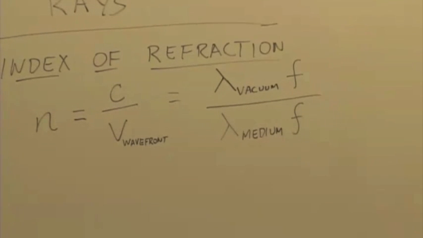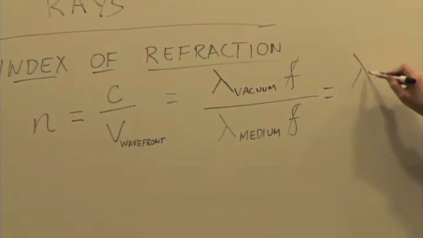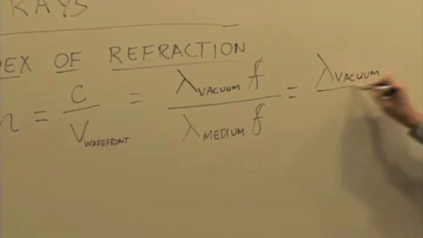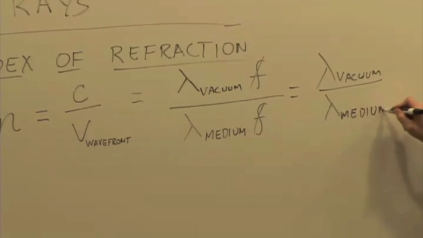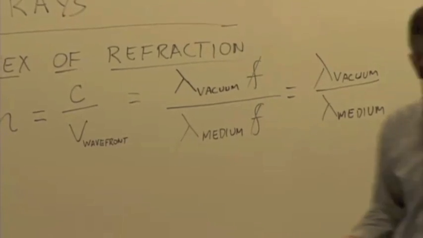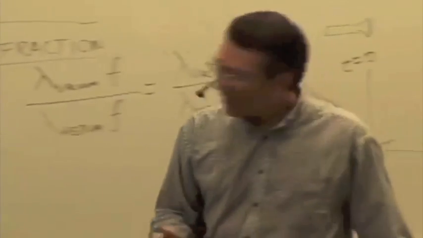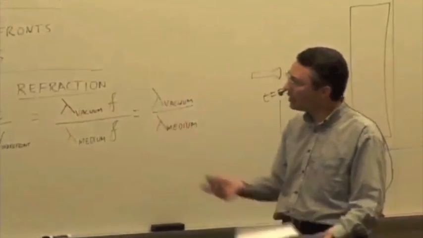Okay, and the frequency, of course, cancels out, and so you could also use this as comparison or a way to calculate the new wavelength. If you know the wavelength in vacuum and you know the index of refraction of the material, you can calculate the wavelength in this medium. Now notice it's a pure number because we're dividing a speed by a speed, so we just get a number.